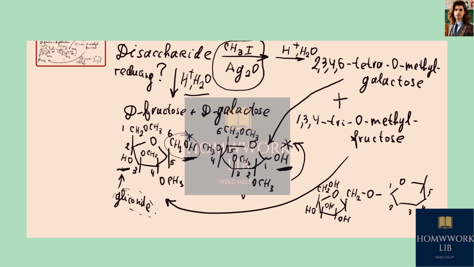So here, HOCH2, carbon 1 will be bound here. It could be the other way, alpha or beta. Both of them will give you the same products of hydrolysis.